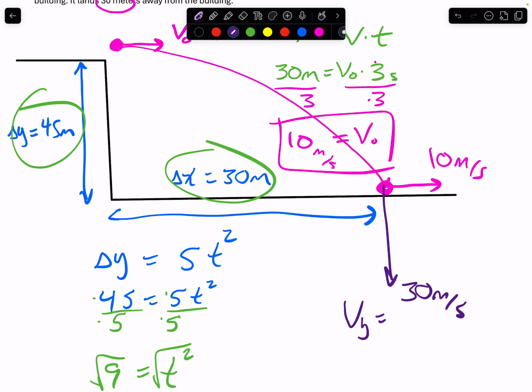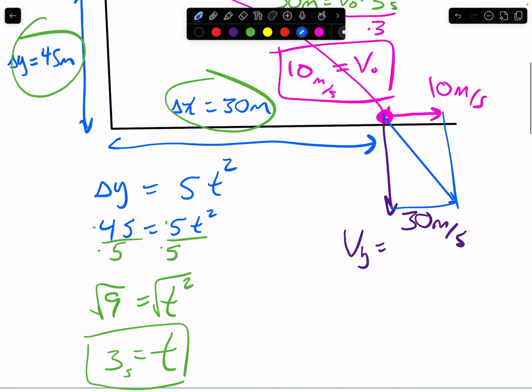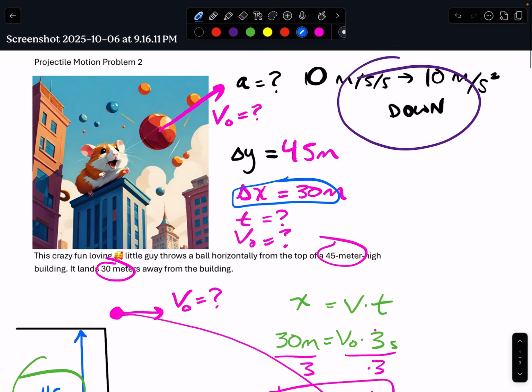The overall motion, of course, it's moving along a diagonal path, like this. And that turns out to be just the diagonal of this little rectangle here, with one side being 10, the other side being 30. So the overall speed is going to be a little more than 30 meters per second. In any case, so there you go. Problem done.